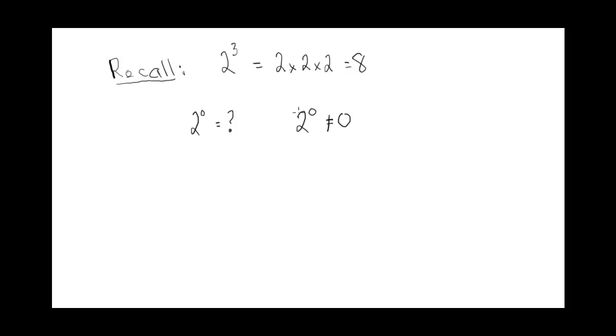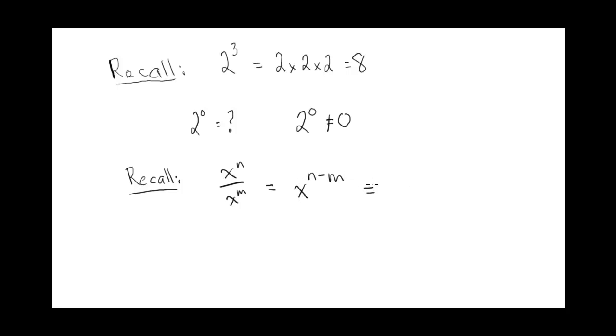It's actually pretty easy to figure out what this has to be based on our division exponent law. Recall this rule from exponents: if you have x to the power of n over x to the power of m, then you can just subtract the exponents, so x to the power of n minus m.